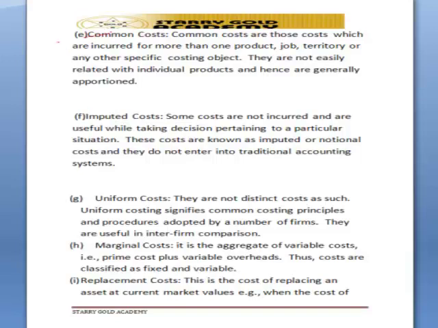Common costs are those costs which are incurred for more than one product, job, territory, or any other specific cost object. They are not easily related to individual products, and hence are generally apportioned.